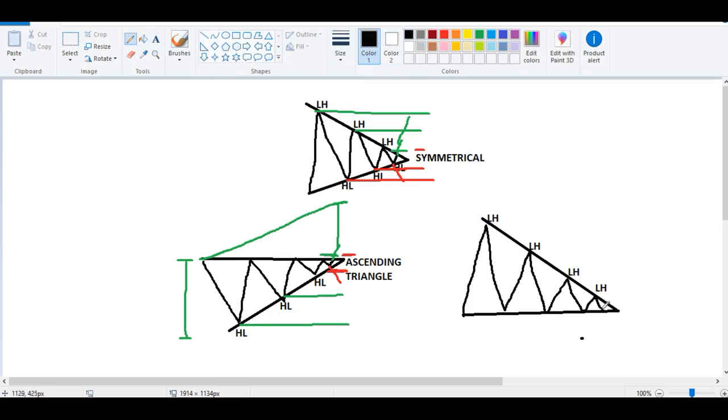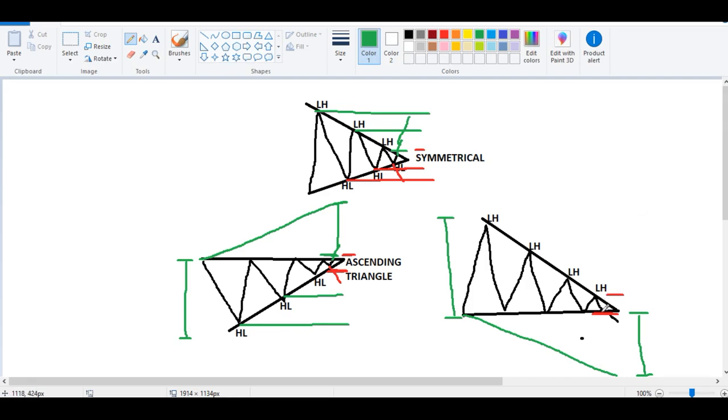If this breaks towards the downside, I will take a short entry on the breakout, stop loss on the opposite end, and my target will be the parallel line to this upper trend line. Or you can simply calculate the distance from where the triangle starts forming to the low of the triangle, and that will pretty much equate to where the parallel line falls.